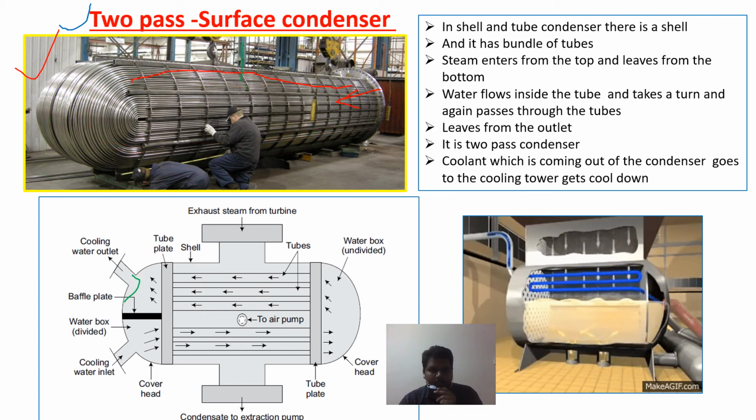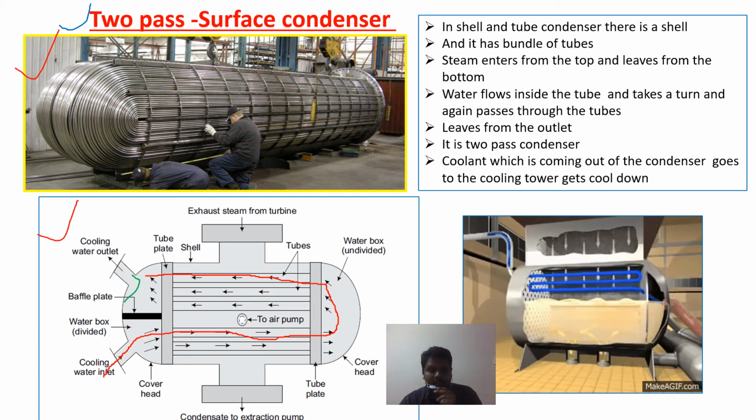At the bottom you can see a schematic diagram of the two-pass surface condenser. The water will flow inside the tubes. They take a turn and it will move again through the tubes. So here there are two passes. The top one is one pass and the bottom is the second pass. So it is called a two-pass surface condenser.